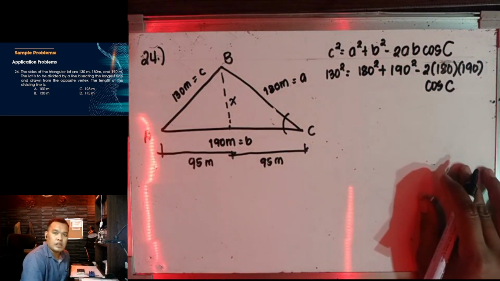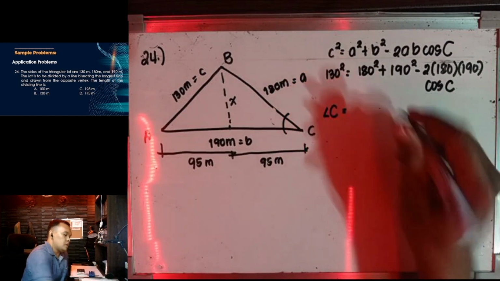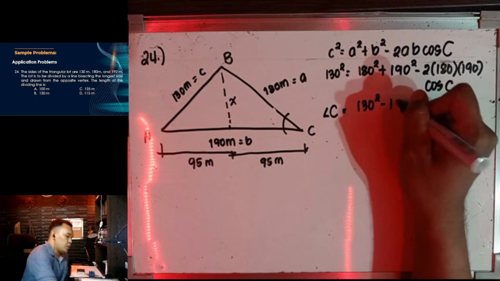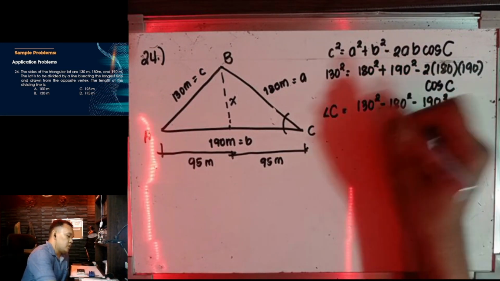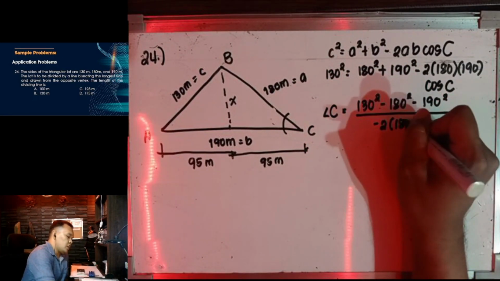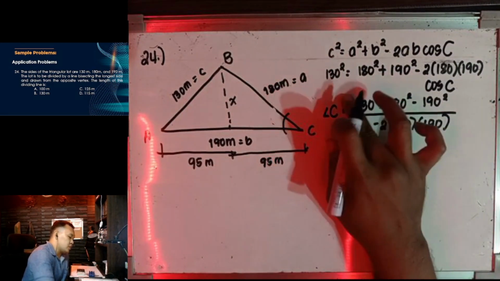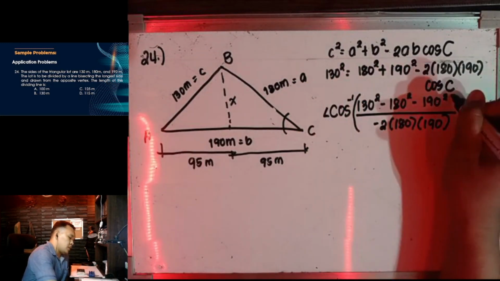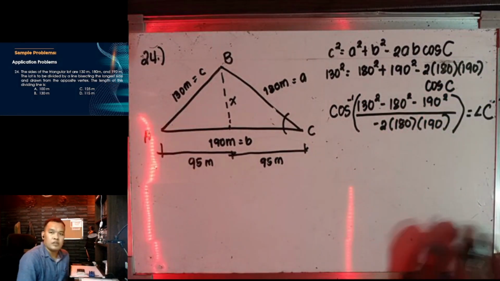angle C. Okay? Then, to get angle C is equivalent kay 130 squared minus 180 squared minus 190 squared all over negative 2 times 180 times 190 arc cosine is equivalent kay angle C. Okay?